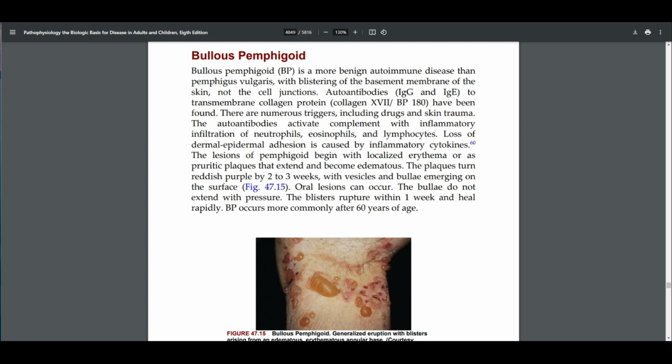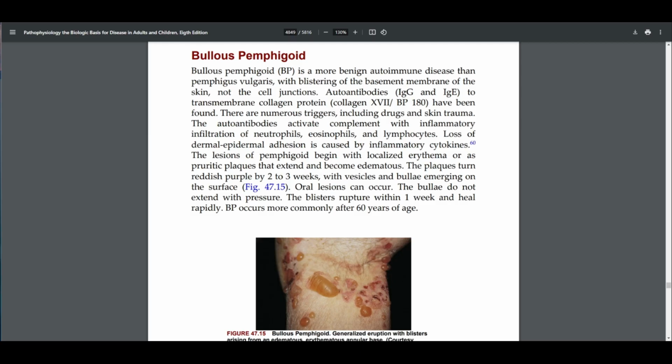There are numerous triggers, including drugs and skin trauma. The autoantibodies activate complement with inflammatory infiltration of neutrophils, eosinophils, and lymphocytes. Loss of dermal-epidermal adhesion is caused by inflammatory cytokines.